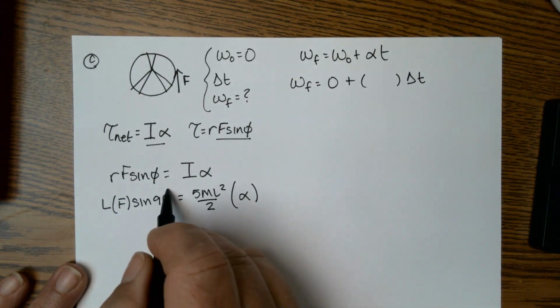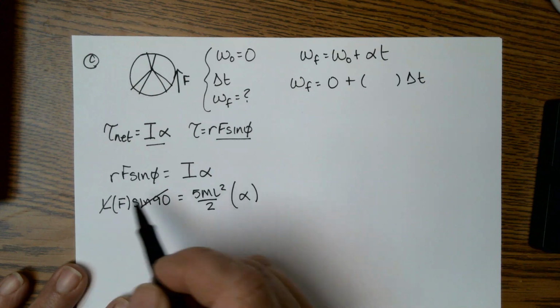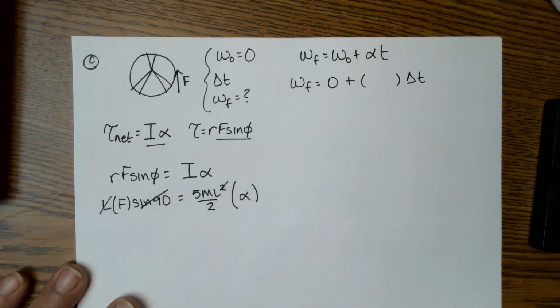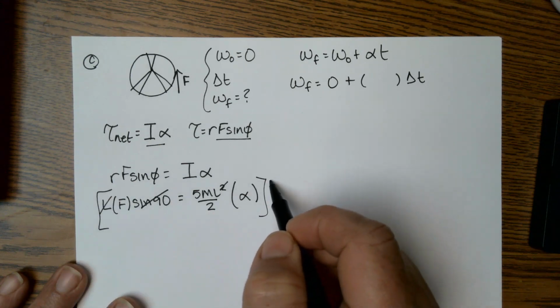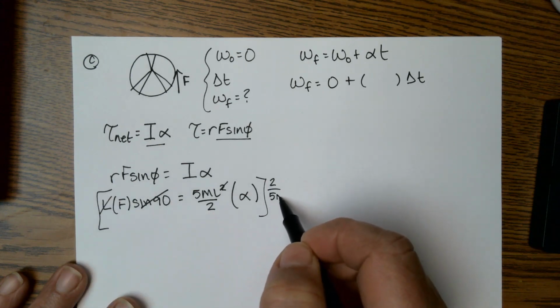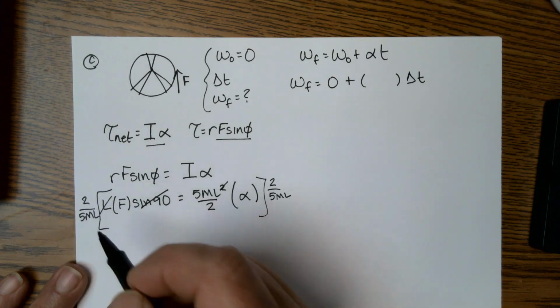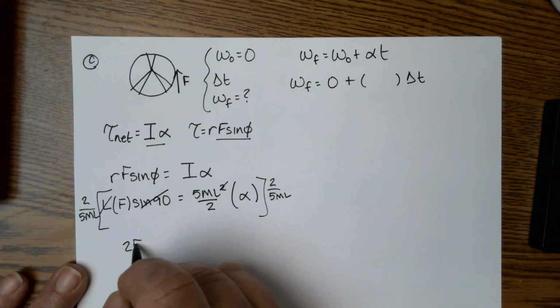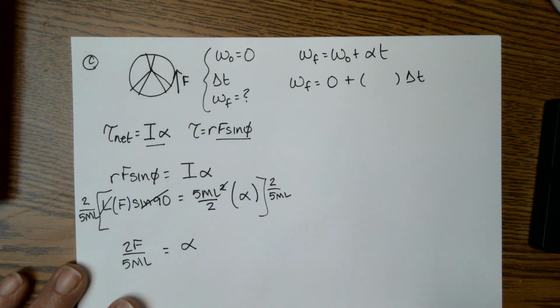So now I can make sine 90 go away. I can get rid of an L here and an L here. And then I can multiply both sides by 2 over 5 ml. So that's 2F over 5 ml is equal to alpha.